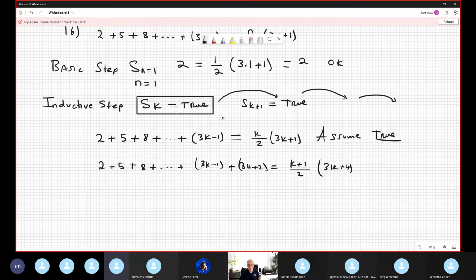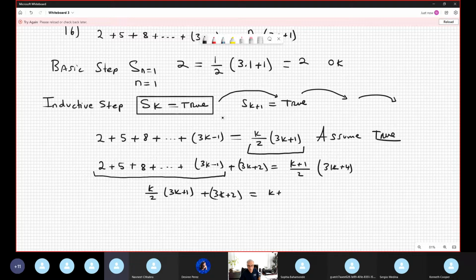Because remember the assumption we are doing, that part is equal to this. k over 2, 3k plus 1, plus 3k plus 2. I need to prove using algebra that it is equal to this. Well, let's do it.